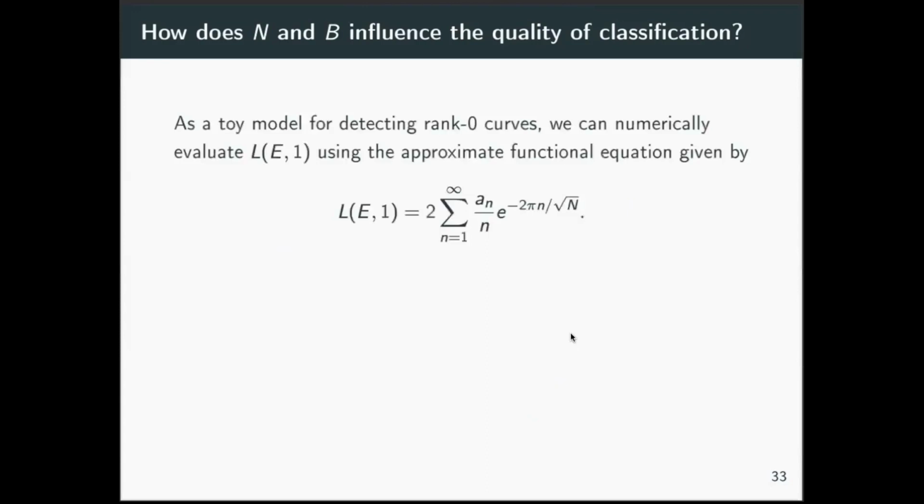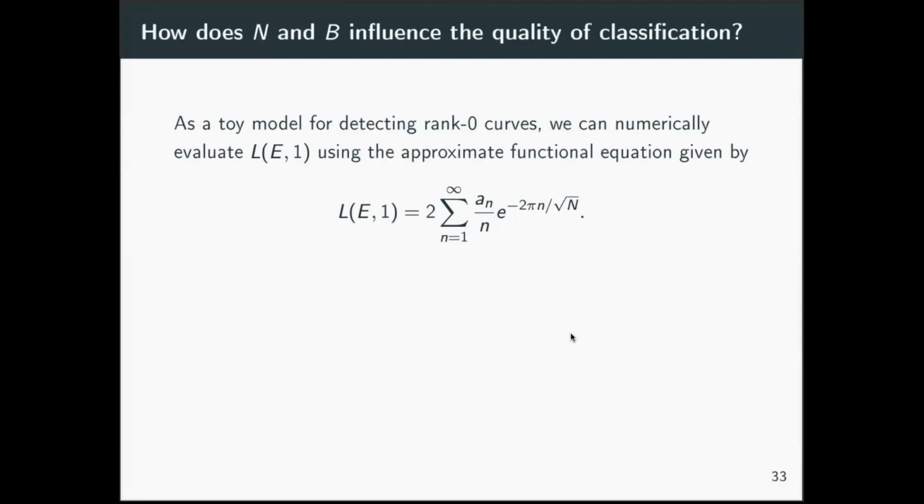Okay, just to have some feeling, what would we expect from the theory that we know about L-functions? We can consider this formula over here as a toy model for detecting curves of rank 0 or 1. Because in the BSD, if this number is different from 0, then the rank is 0.